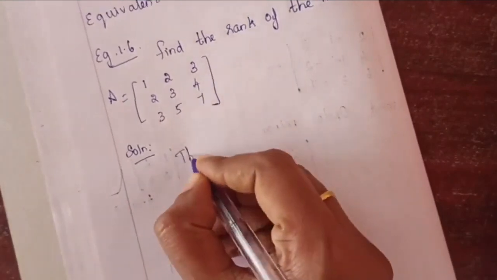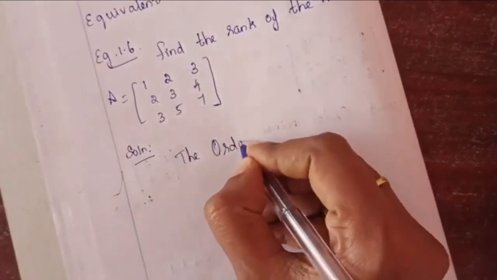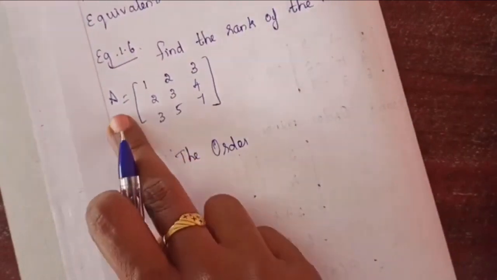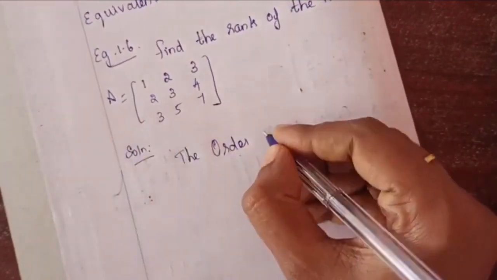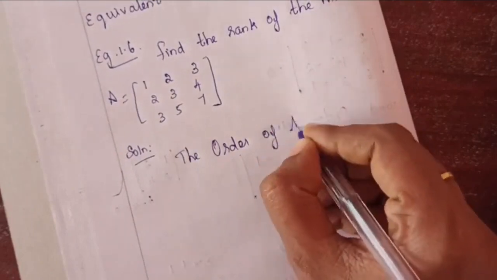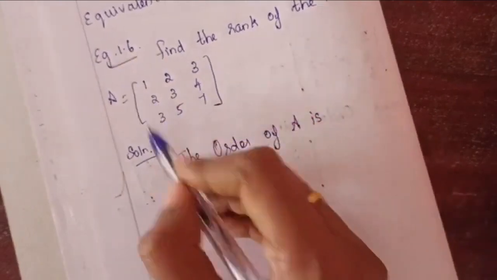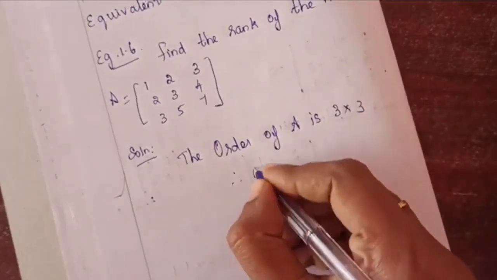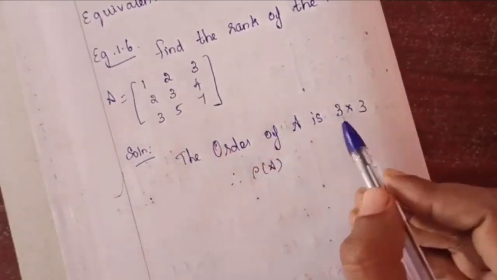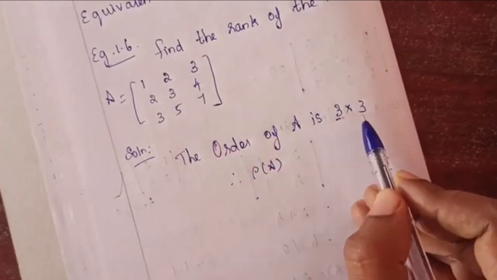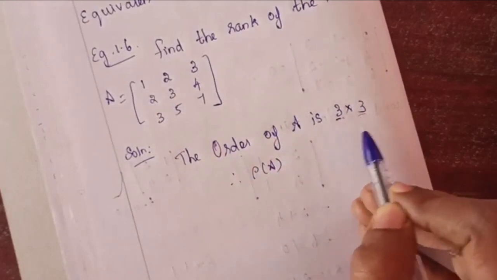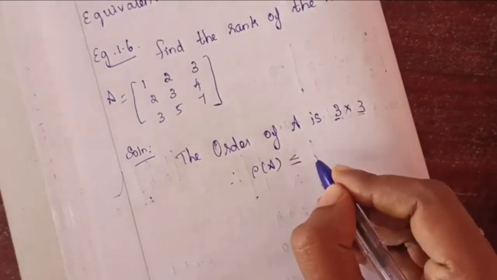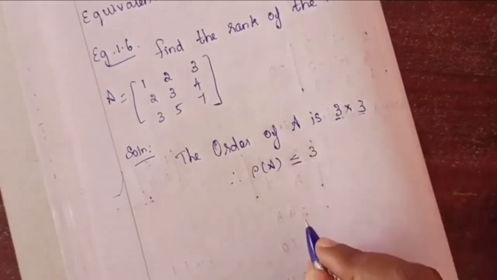We need not take let A equal to, because it is already given as matrix A. So the order of A is how many rows and how many columns? 3 cross 3. So the rank of A must be less than or equal to 3. This one you have already learned.